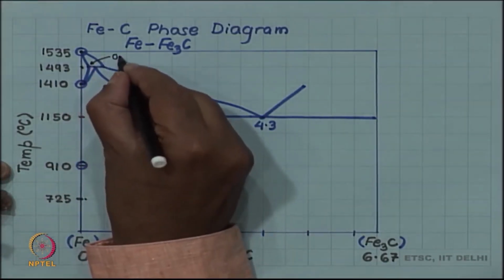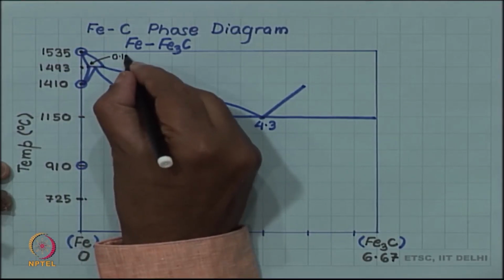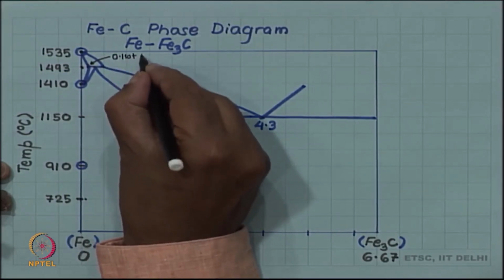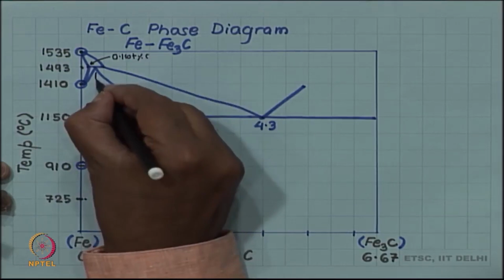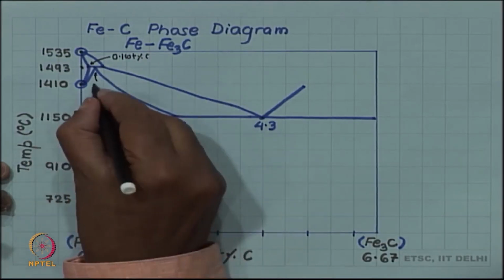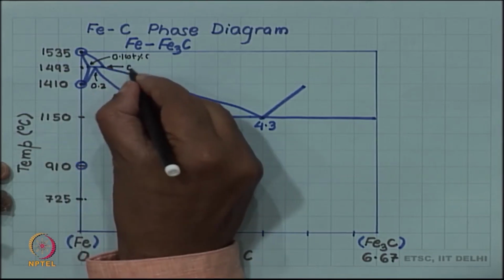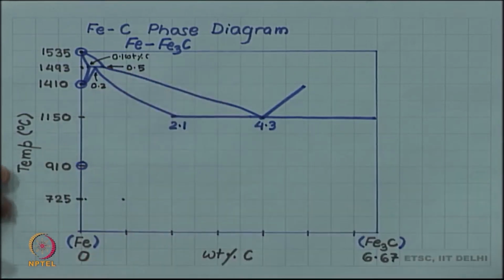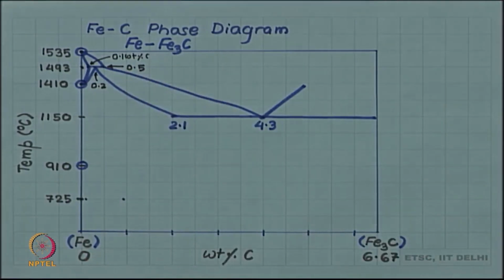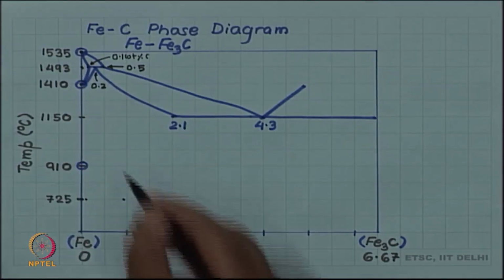That is 0.1 weight percent carbon, this is 0.2 and this is 0.5, and the horizontal temperature is 1493. So, that is one of the invariant reactions.